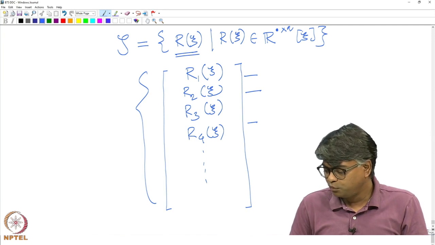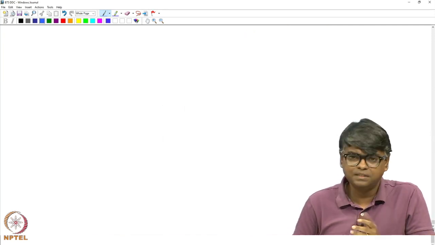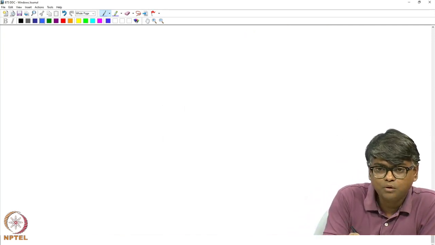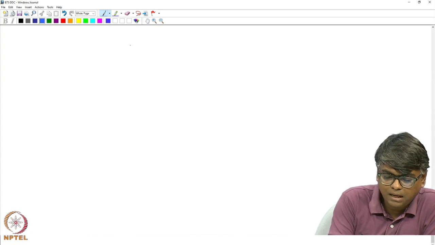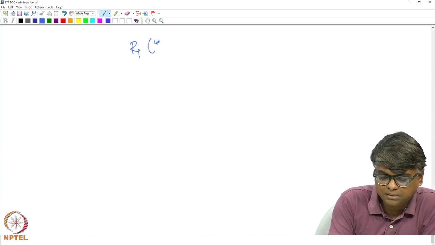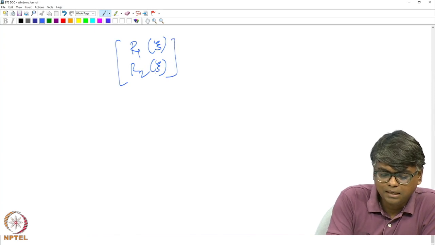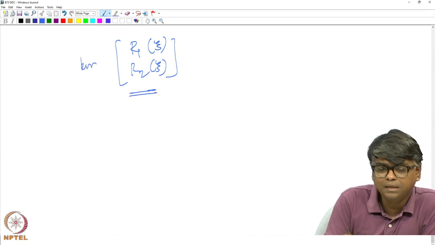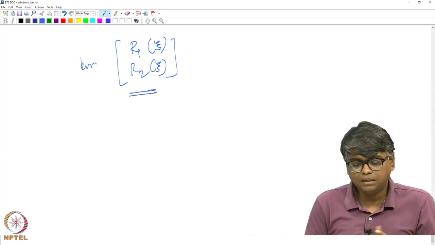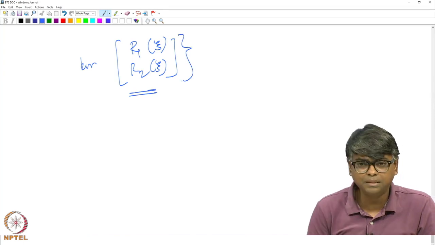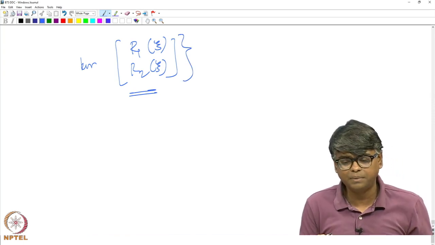But now if we use a little bit of sophisticated language, we can notice the following. When I write two polynomial matrices R1 xi and R2 xi one below the other, and then look at the kernel representation, what I am really trying to understand is the module generated by these two. That is what defines the behavior.